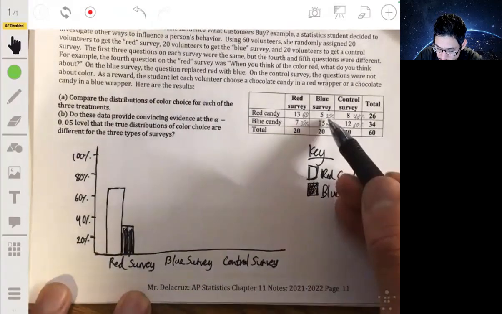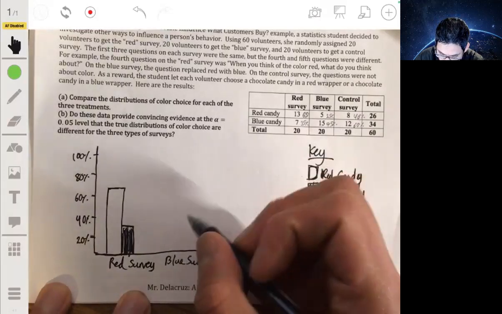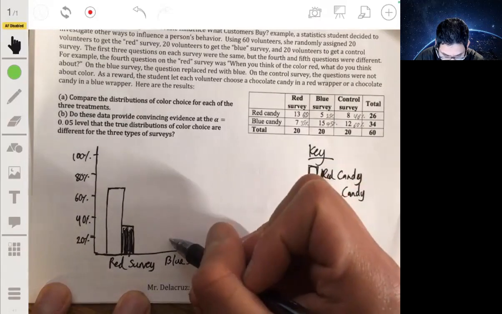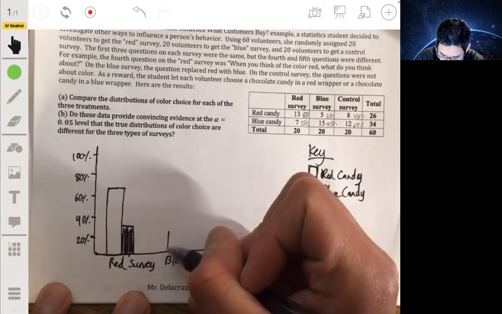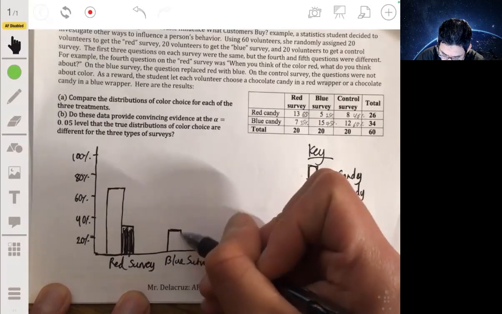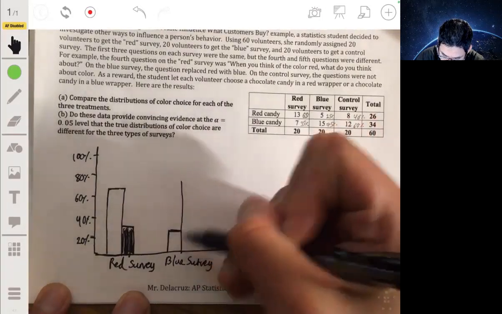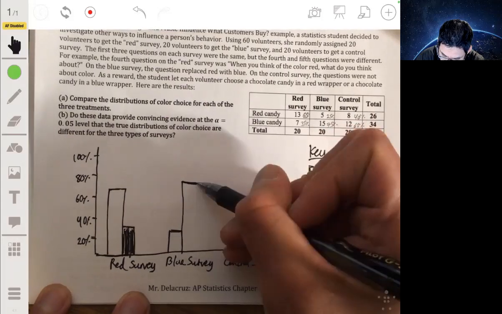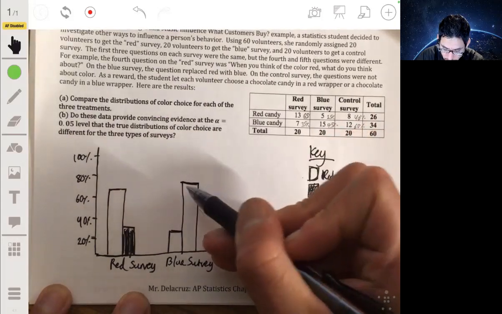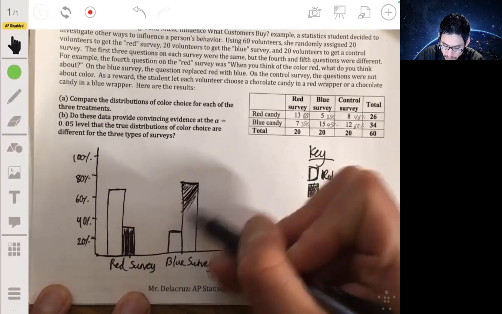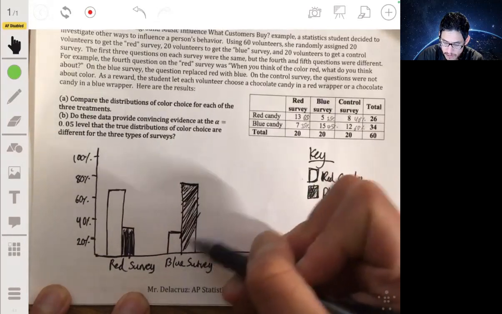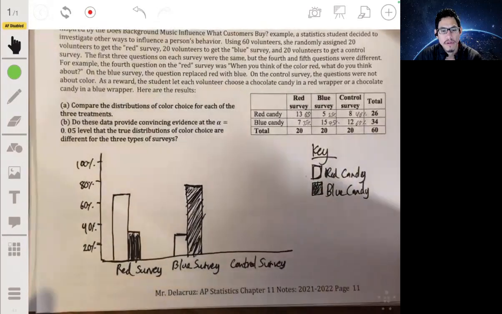The blue survey, we have 25% and 75%. So it's kind of the opposite. That's interesting. It's just a sketch, don't freak out. It's not perfect.